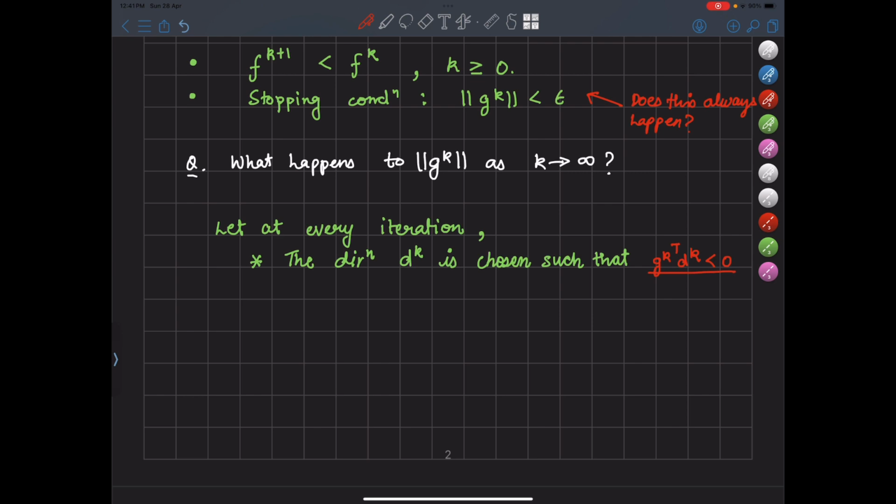Okay, so the value of fk plus 1 is less than fk. That's what it means.